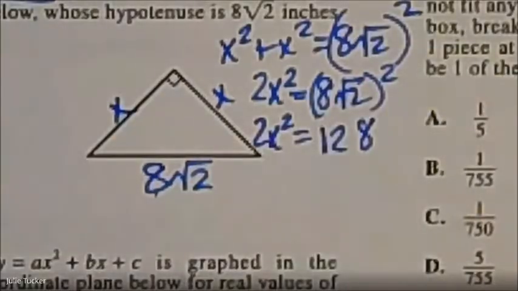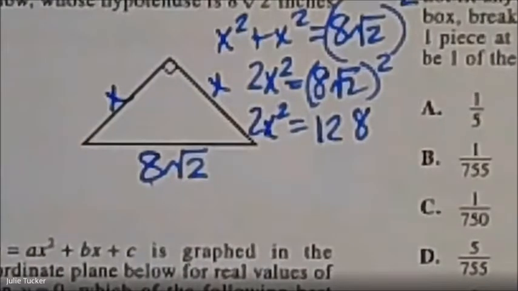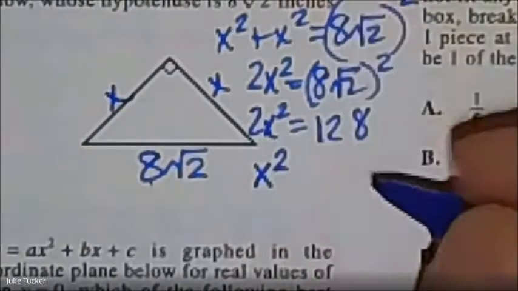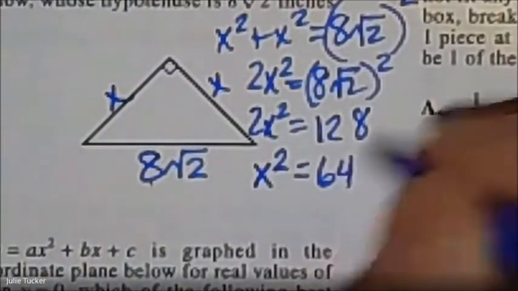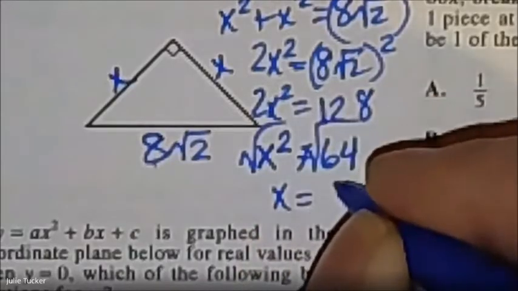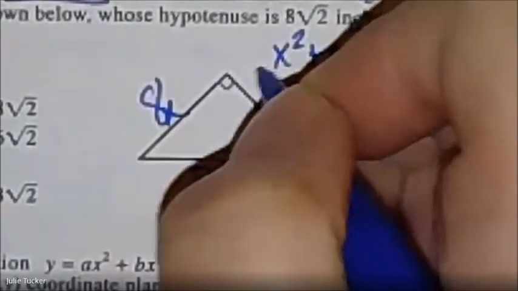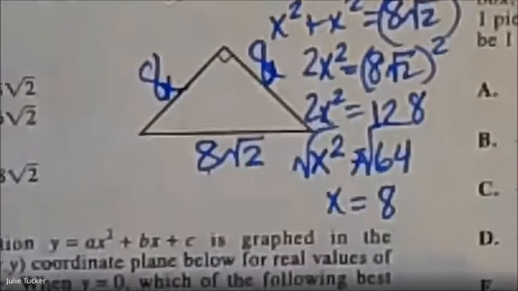So then 2x squared equals 128. So then I divide by 2. x squared equals 64. Square root gives me 8. So that means this is 8 and this is 8 because they're both the same.